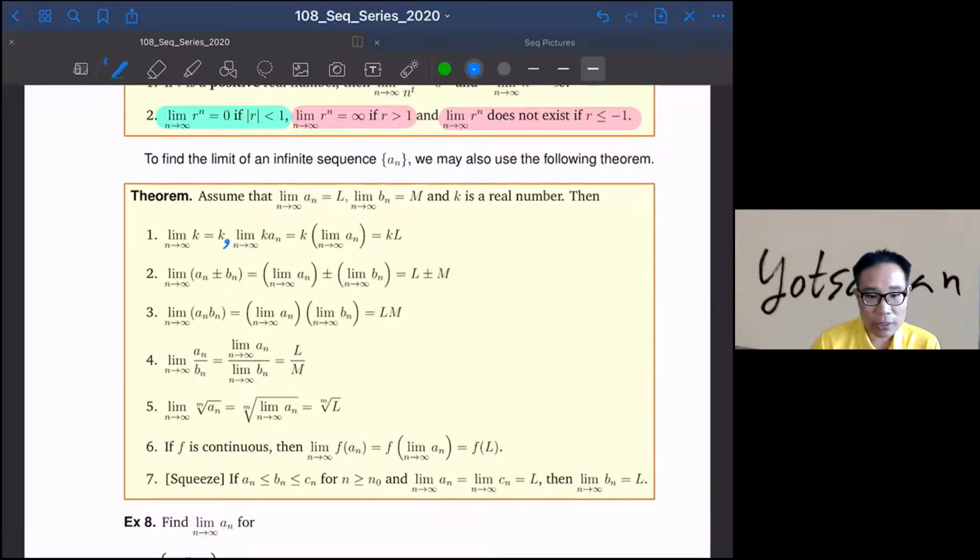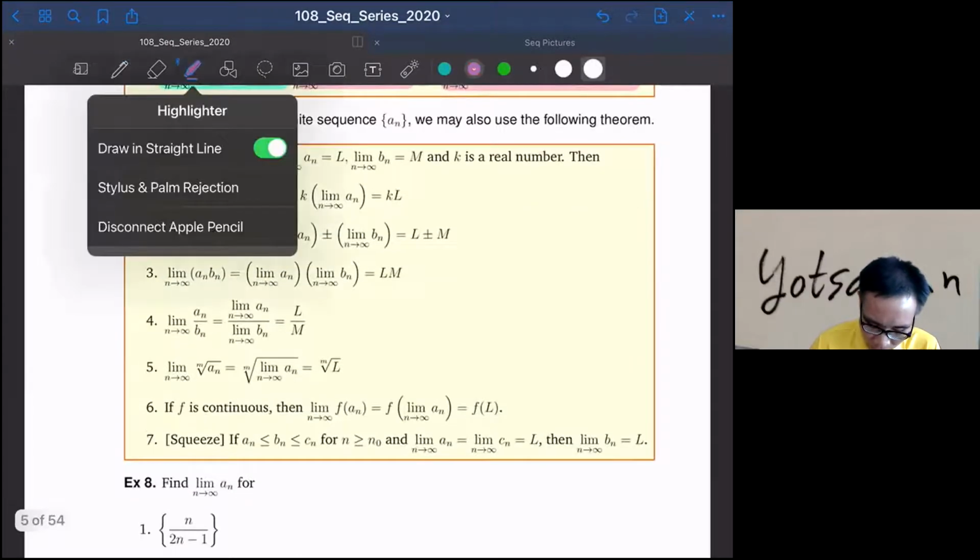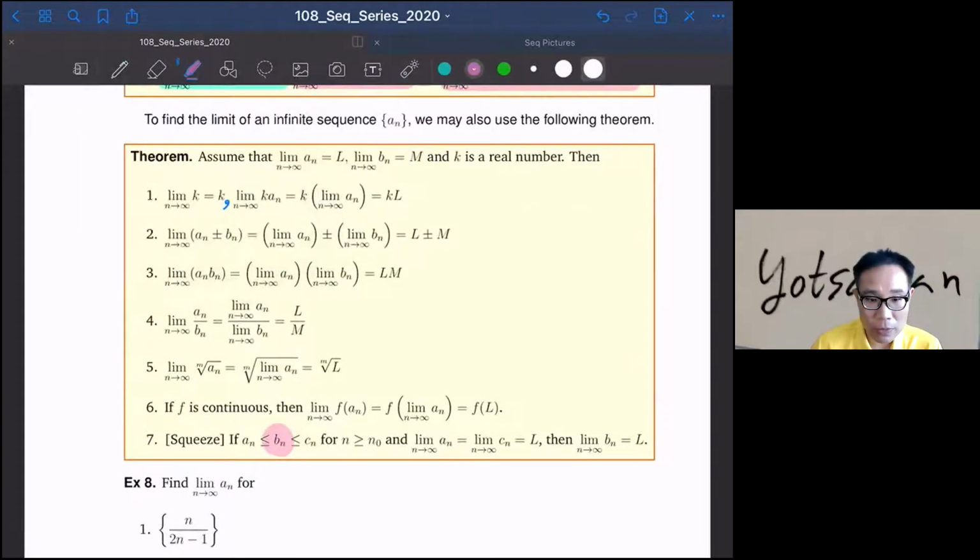And you also have the technique called using the squeeze theorem. For this one, you have the sequence in the middle lying between a_n and c_n, and you have the limit of a_n and the limit of c_n both equal to L. You'll be able to conclude by the squeeze theorem, or sandwich theorem, that the limit of the middle guy is equal to L as well.